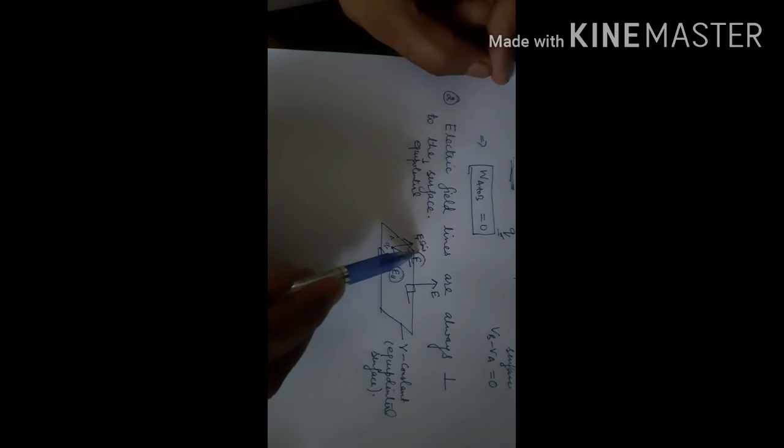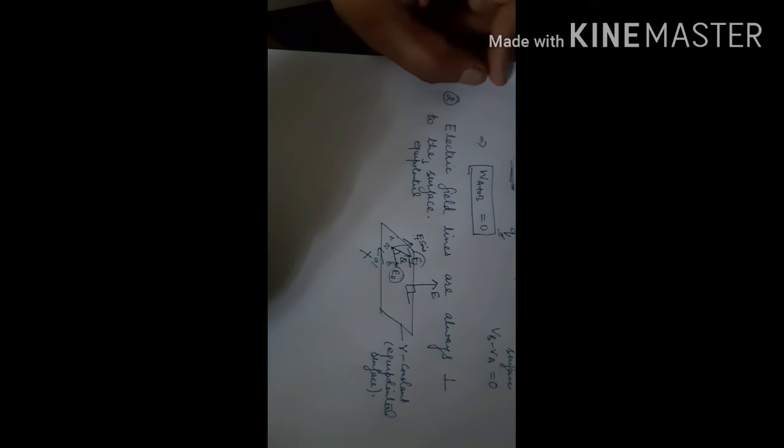This means whatever I have supposed, that the electric field is making some angle theta, is incorrect. So we can say that electric field lines are always perpendicular to the surface. So that is what we conclude here.